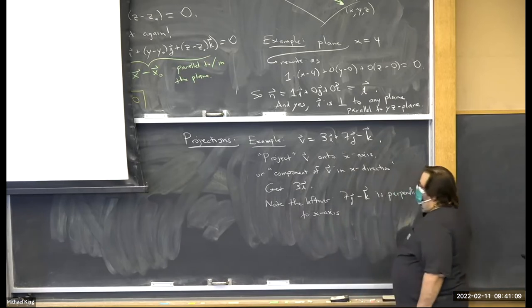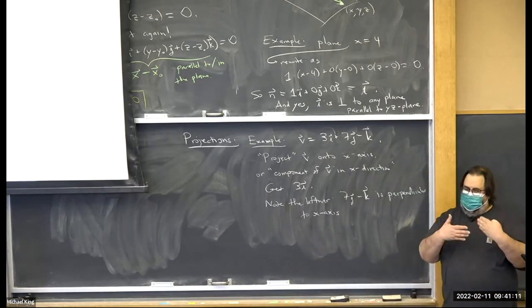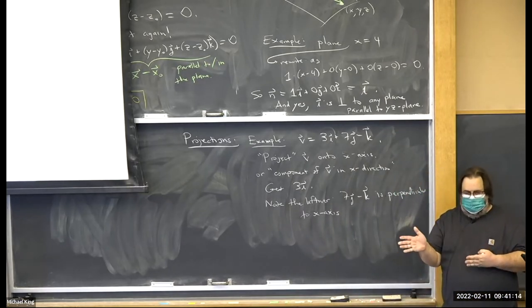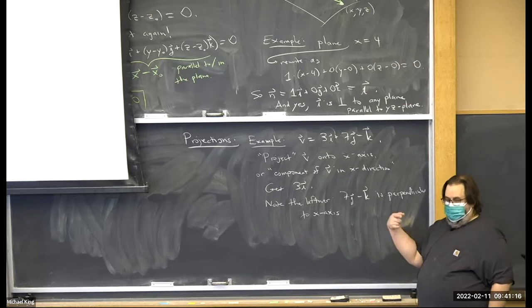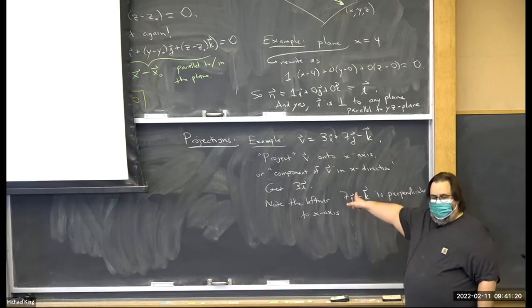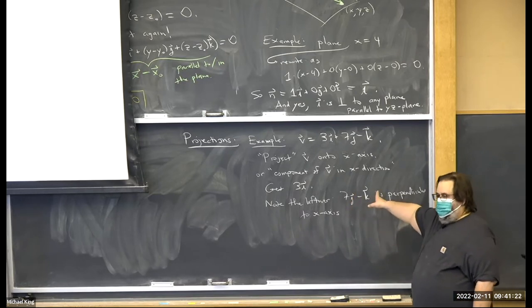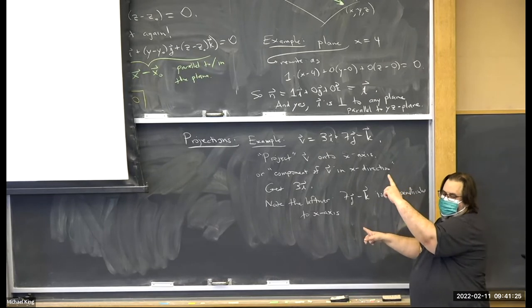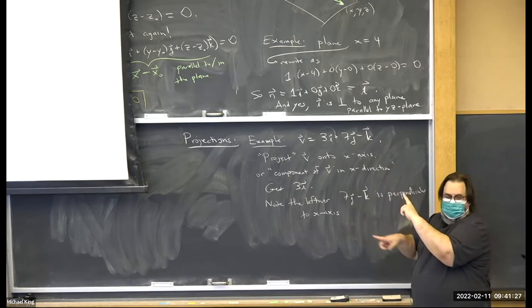And so this is called resolving a vector into a parallel piece and a perpendicular piece. If you have some direction you want to think about, a lot of times it's going to come up in physics: I've got something that's traveling in this direction and there's a force in some other direction, and I want the component of the force in that direction.